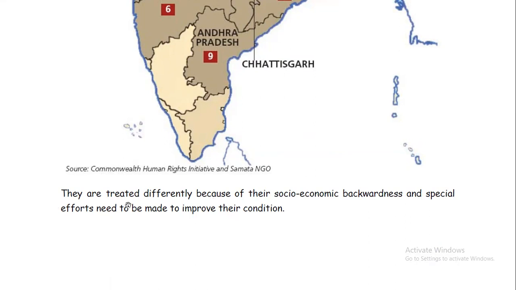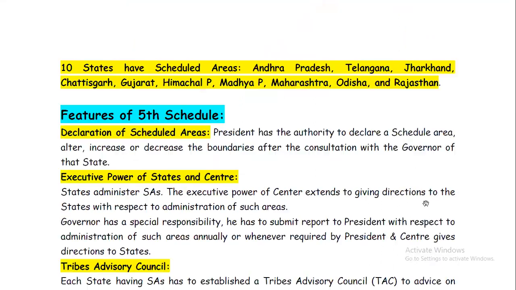Remember, schedule areas are those areas which are comparatively socio-economically backward, and they need some special effort to improve their condition. Now, I already told you that 10 states have schedule areas. Remember the names: Andhra Pradesh, Telangana, Jharkhand, Chhattisgarh, Gujarat, Himachal Pradesh, Madhya Pradesh, Maharashtra, Odisha, and Rajasthan.